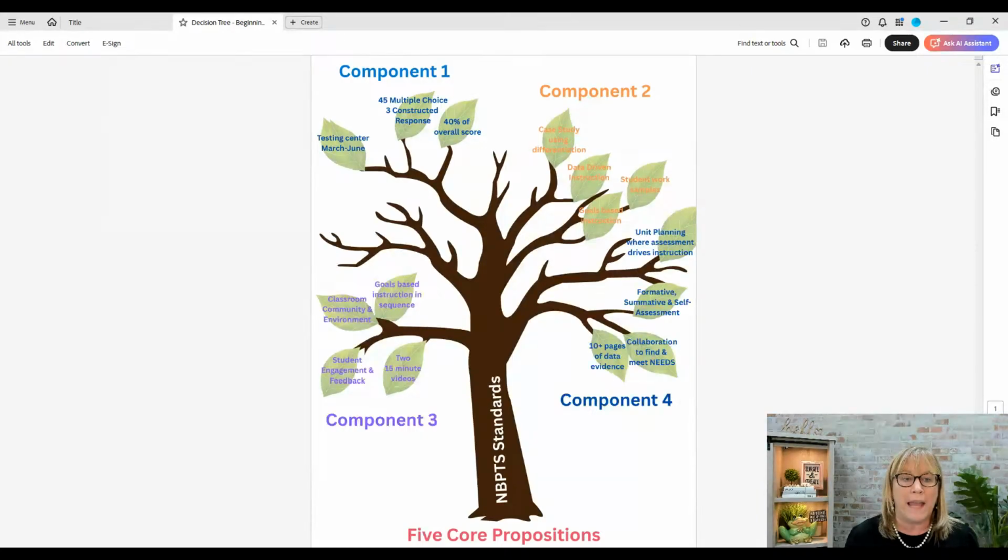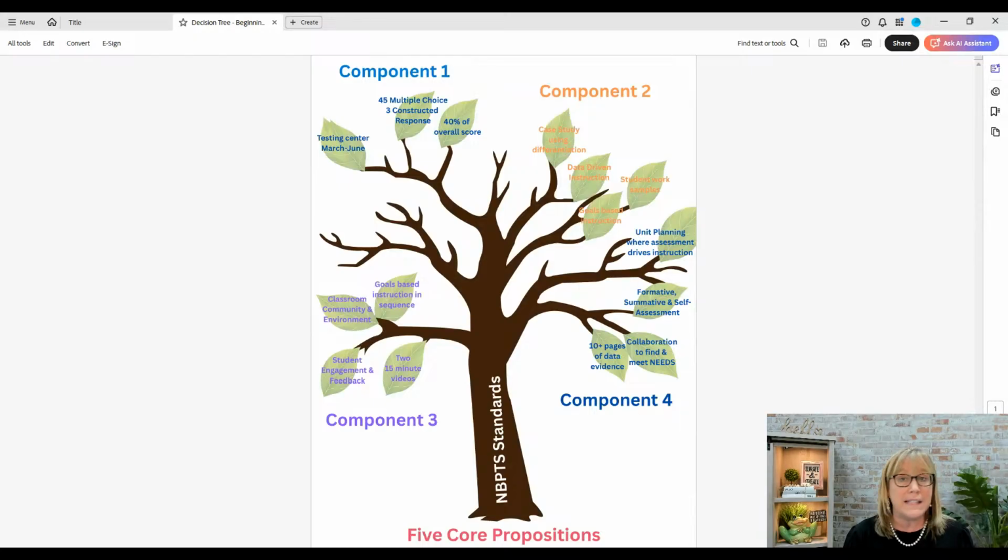So here, what we have is 4 components that were developed to test your ability to meet those National Board standards. Now, each one of these components has its own rubric, and you all have this component for your certificate area.